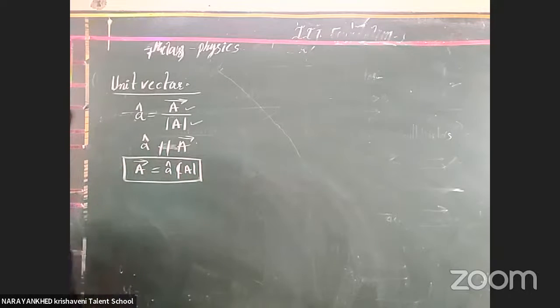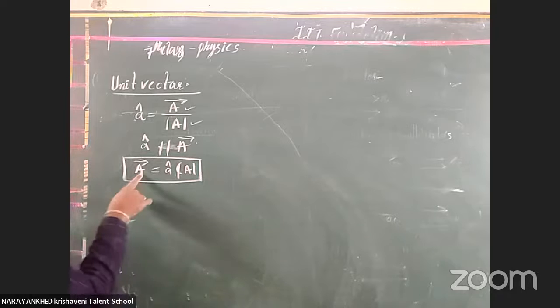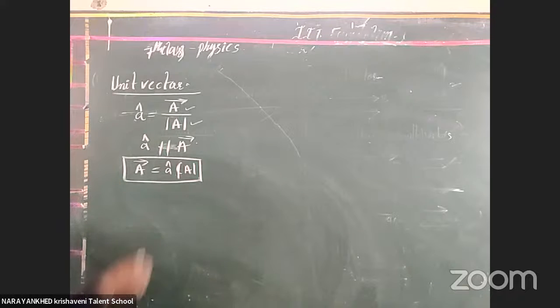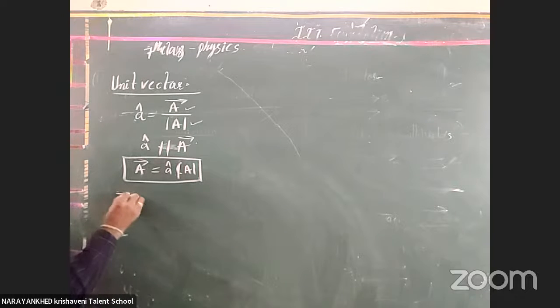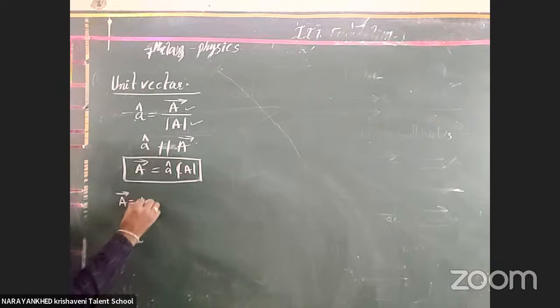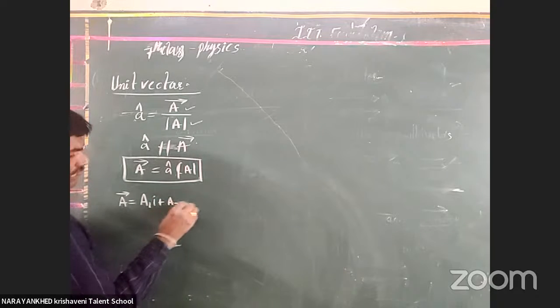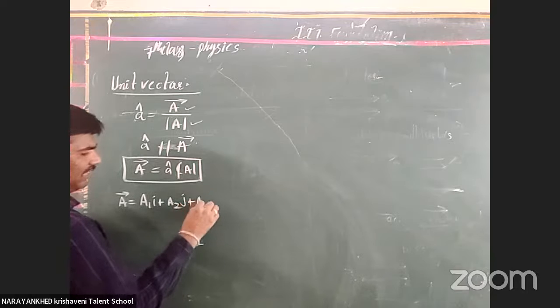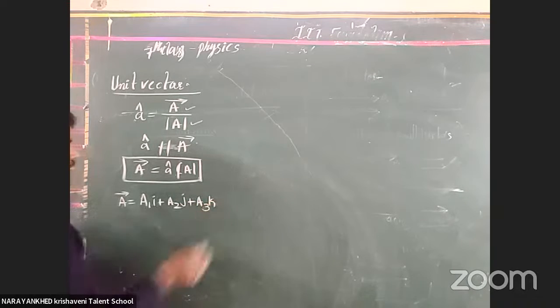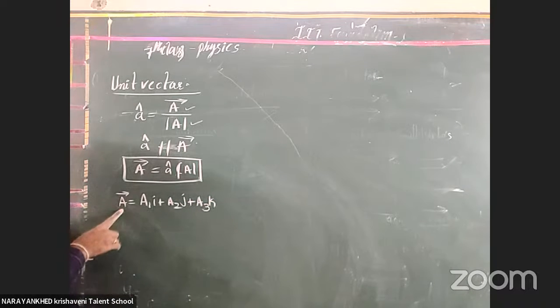I want to give an explanation with an example. Suppose I take A bar equal to A1I plus A2J plus A3K. What is the unit vector of this A bar? What is A cap?